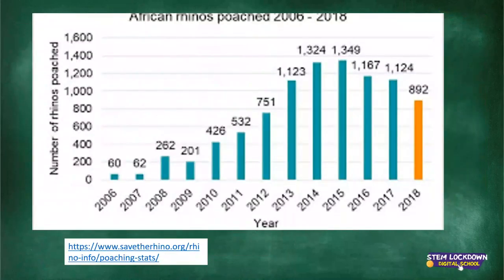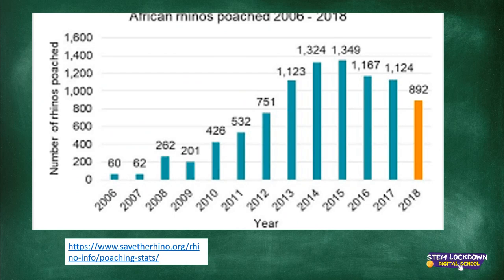Let's go on to our first, or our only, diagram. This is a chart that shows you the poaching, how it started to get really bad in 2006, and it's just gone up, up, up, up. This is in South Africa.